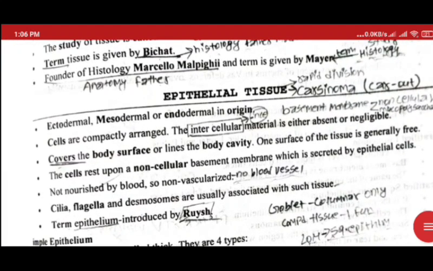We know it is made of three origins: ectoderm, mesoderm, and endoderm. Its main example is the tympanic membrane of the ear, which is also made of ectodermal, mesodermal, and endodermal layers of origin.